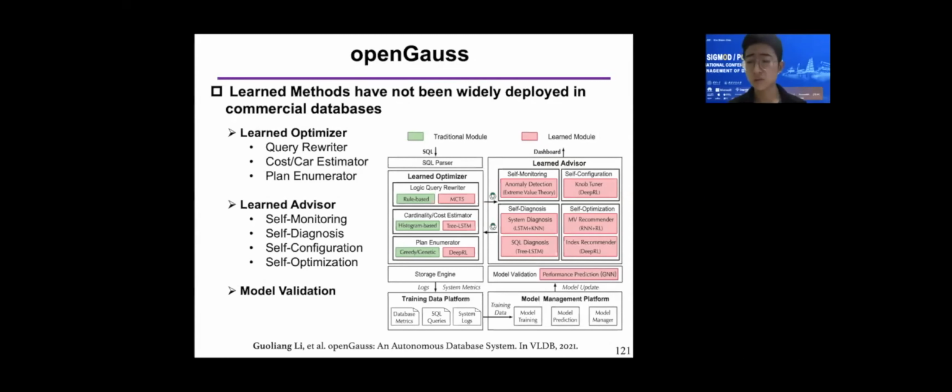They build an autonomous database framework and integrate their proposed learning-based database techniques into the open-source database system, like the learning-based query rewriter, the cost estimator, and the plan enumerator. And for the outside maintenance, they also support self-monitoring, self-diagnosis, configuration, and optimization. Besides, they also devise an effective validation model to validate the effectiveness of learning models.